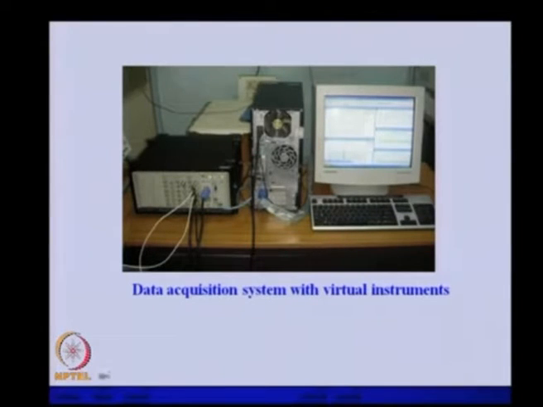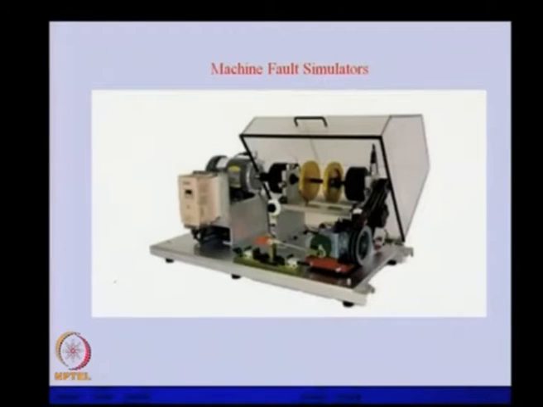Signals we can see using this kind of virtual instrument, and sometimes to pinpoint what kind of fault is giving what kind of signatures and what kind of frequency, this kind of laboratory instrument we can develop or fabricate, in which various rotating components, like this is the rotor with the 2 discs, there is a belt pulley arrangement, gearbox, and reciprocating mechanism.